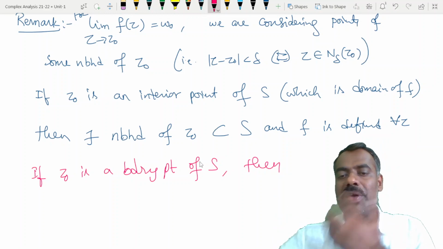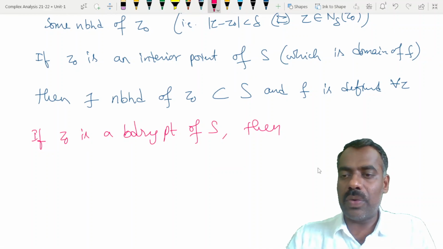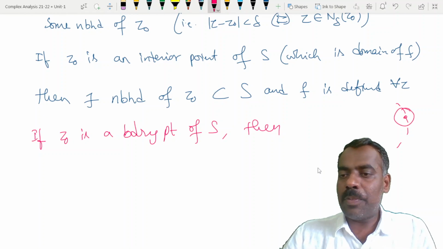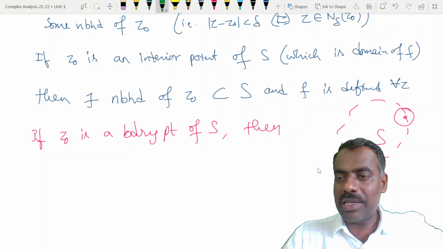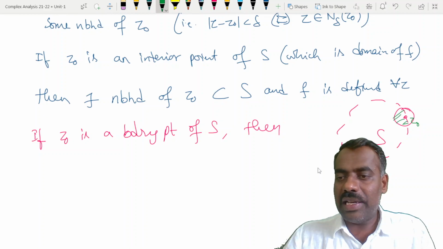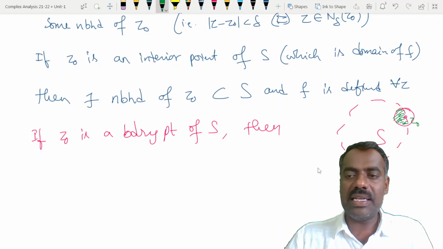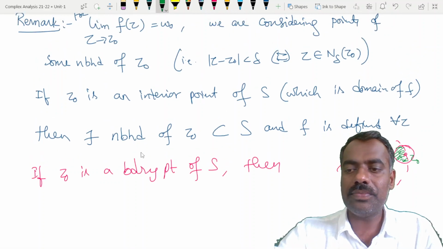For example, take like this: outside here is not s, and this much part is s. When you take this point z0 and any neighborhood, only this much part we will calculate. That means we take z which are part of s, and only for those points we consider f of z. Is this clear?